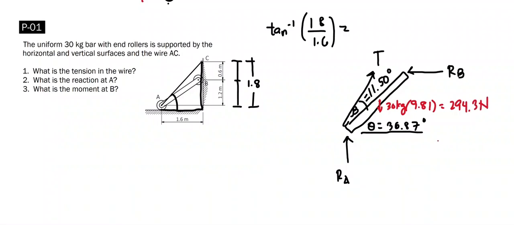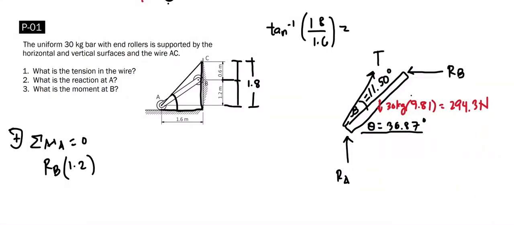Now we can take summation moment at point A, so as to neglect the tensile force and the reaction A, so we can solve for B. So by taking summation moment at point A equal to 0, considering counterclockwise to be positive, we have reaction B times the moment arm distance of 1.2 meters, which is this distance from here to here.